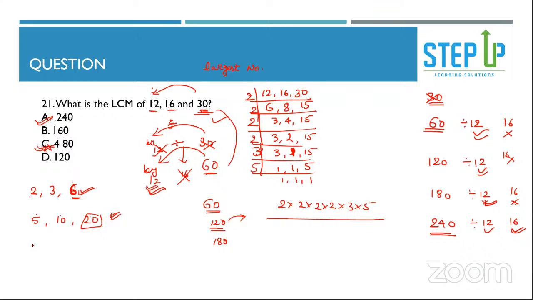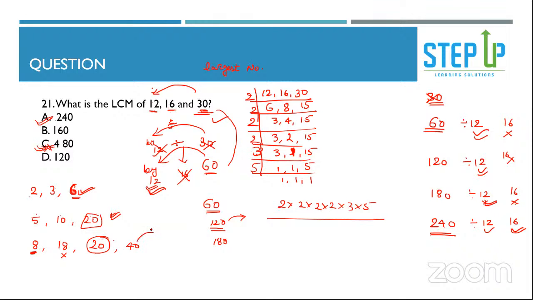Let's take some different numbers. 8, 18, and 20. What is the largest number amongst them? 20. Is 20 divisible by 8? No. Is 20 divisible by 18? No. So let's move on. I'll check for 40. 40 is divisible by 8, but is not divisible by 18.